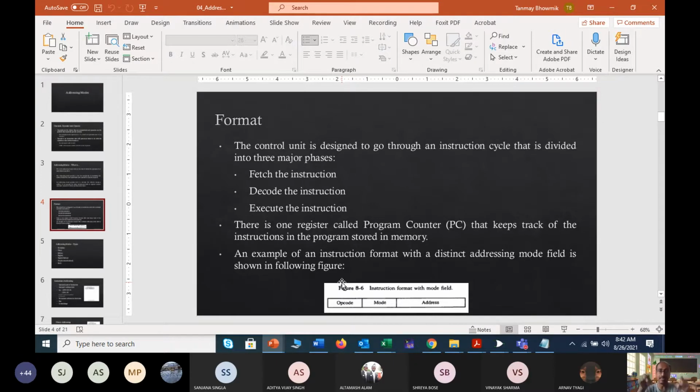Now relate this to fetch the instruction. First you look at what you have to say in the other language. Then in your memory, in your processing system, you translate this statement from your mother tongue to the second language and then execute, that is, then you speak this language.